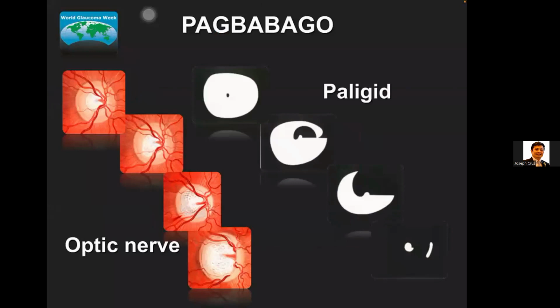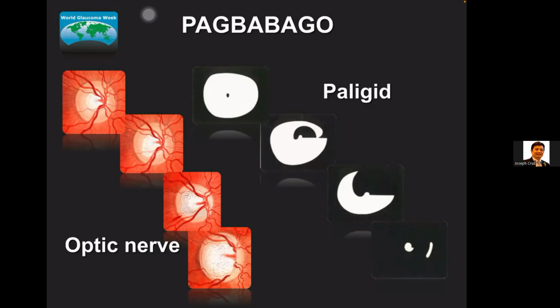At habang lumalala po yung glaucoma, habang namumutla po ang ugat ng ating mata, pawala po ang ating paningin.